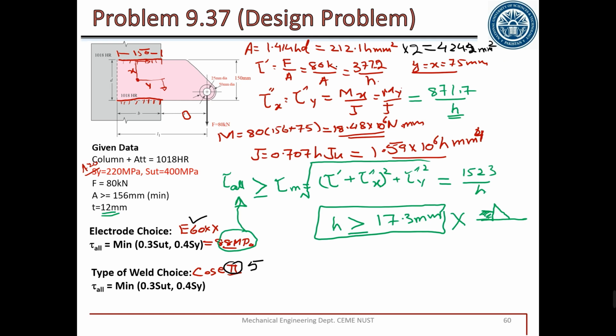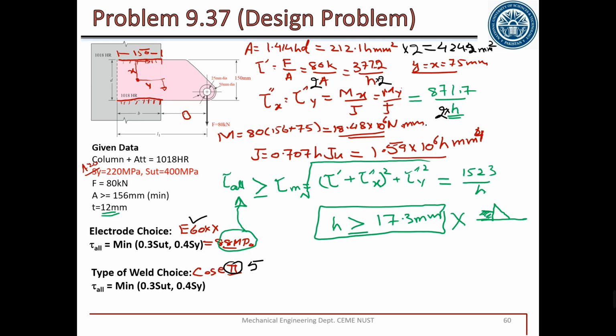Tau prime, because the area is doubled, will be halved. So this is equal to this value divided by 2h. For tau double prime, the M is same, x is same, but J will be changed. The value of J is doubled, yes. So due to double value of J, the final value is divided by 2h.